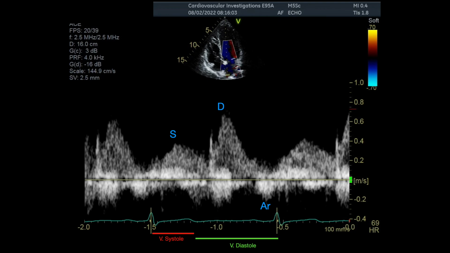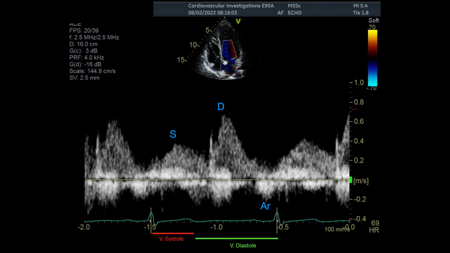And what you see here labelled is the S wave. So this wave occurs during ventricular systole, and flow occurs from pulmonary vein into the atrium due to atrial relaxation, but also because of mitral annular descent when the LV contracts.